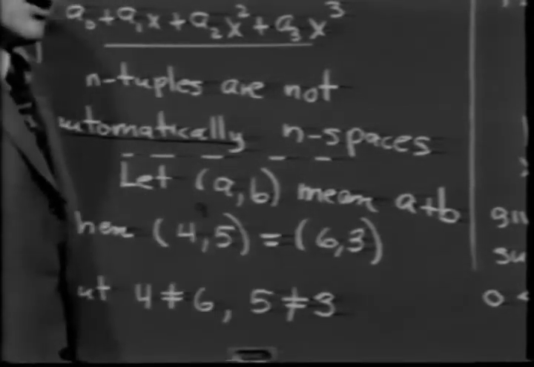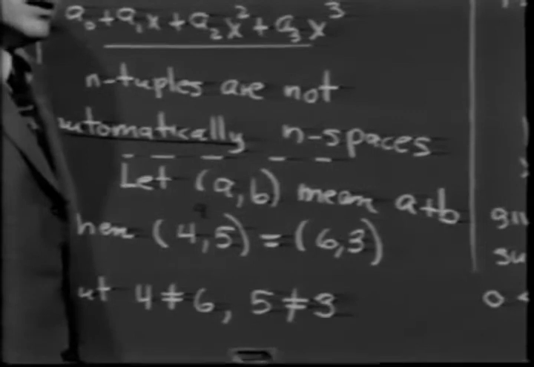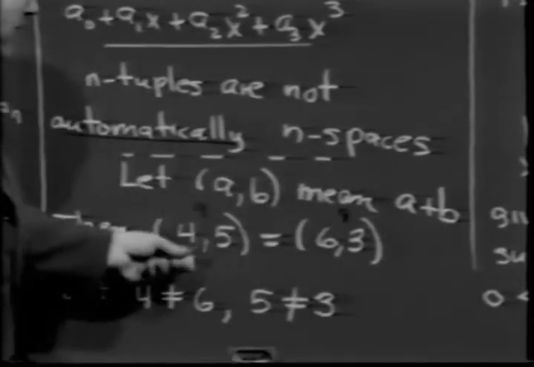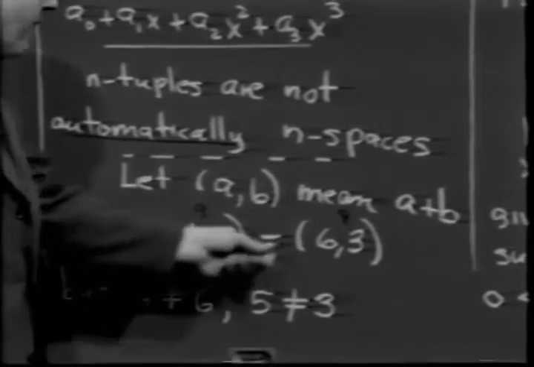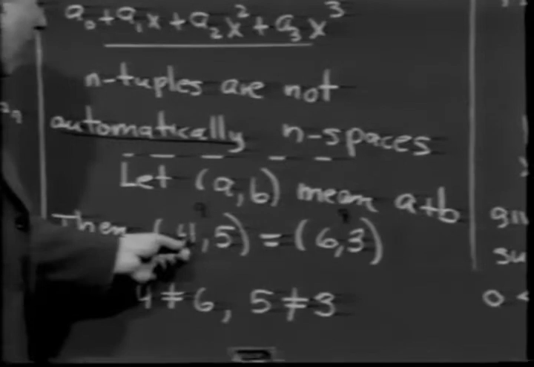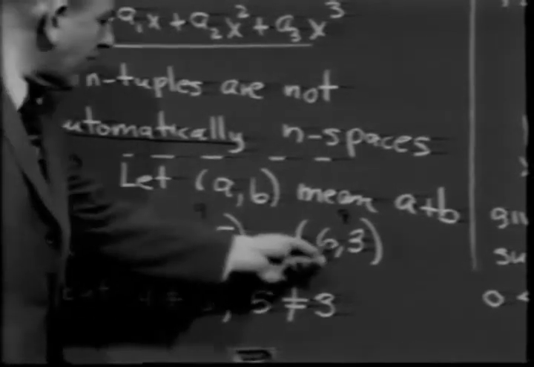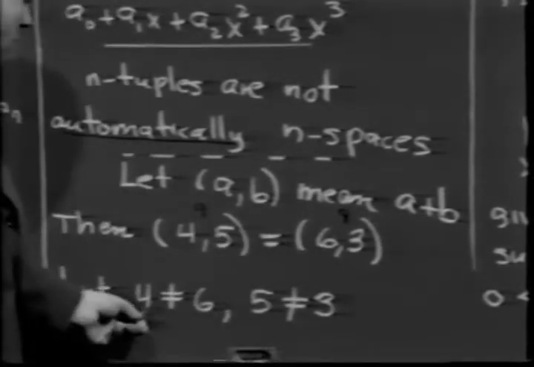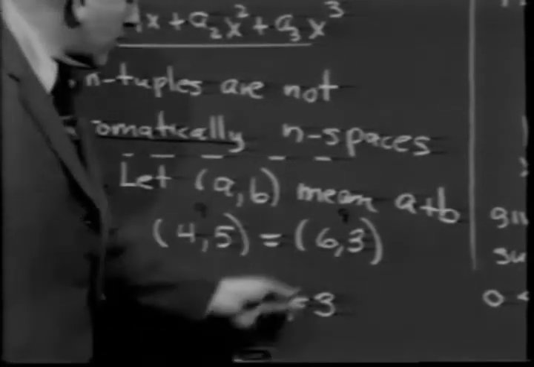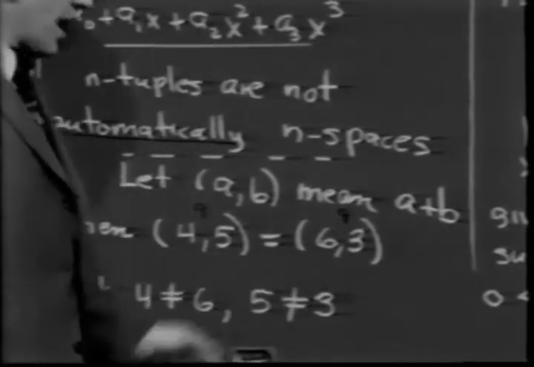How about the two-tuple 6 comma 3? What value would that have? That would also have the value 9. Therefore, numerically, the two-tuple 4 comma 5 is equal to the two-tuple 6 comma 3. Yet notice that the first component here is not equal to the first component here. In other words, 4 is not equal to 6, nor is 5 equal to 3.